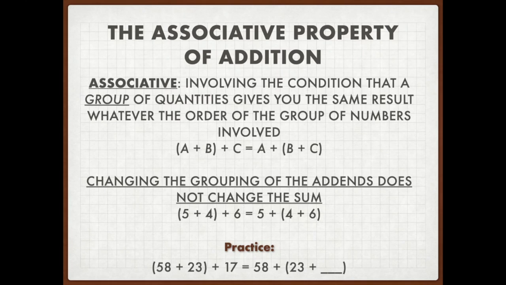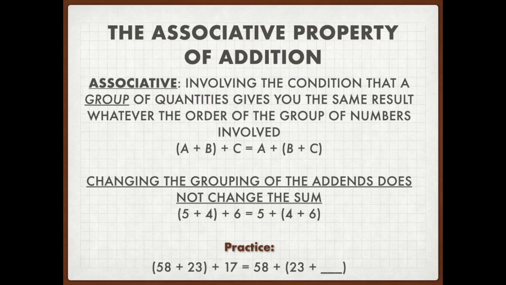So if we put A plus B in parentheses plus C, that's still going to be the same thing as B plus C in parentheses plus A. Now, remember, parentheses usually signify that we're going to do that part first.